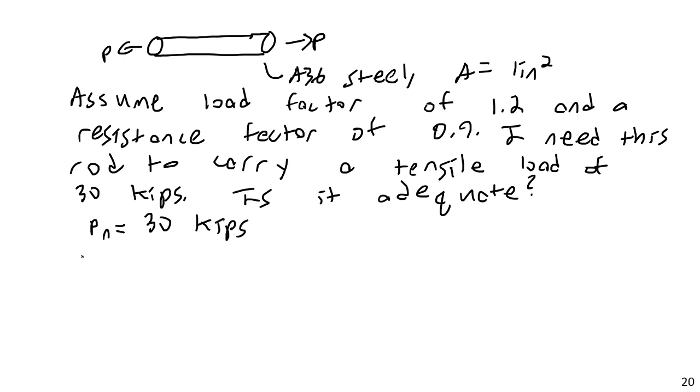Then let's say the load factor, our phi, is 1.2. Again, this is meant to take into account variability in the loads. Based on my best estimates, or my experience, statistical analysis, etc., I see that for this type of load member and this type of loading, a variability of load of 20% is typical within a certain number of standard deviations.